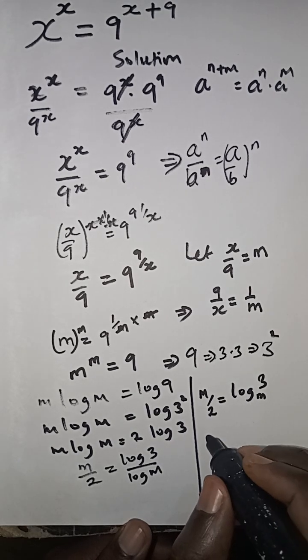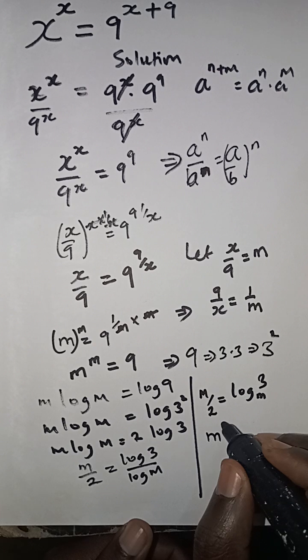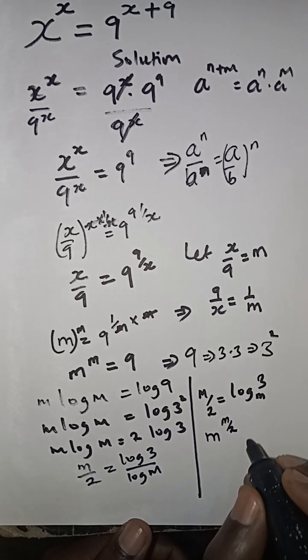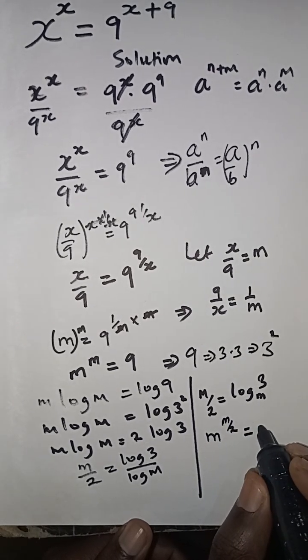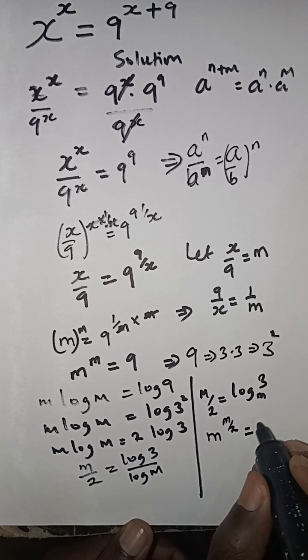I'm going to end up with m to the power m over 2 should now be equal to 3.